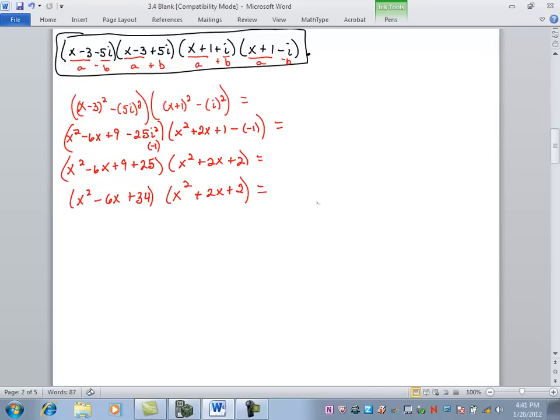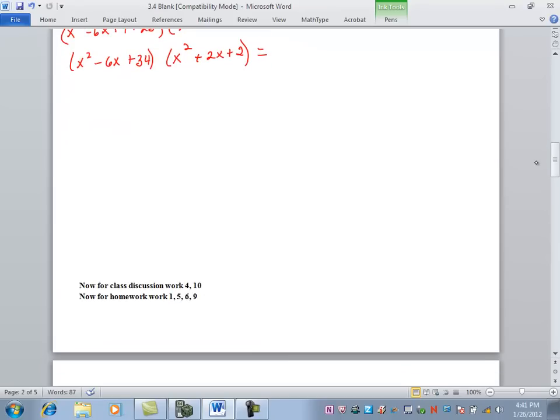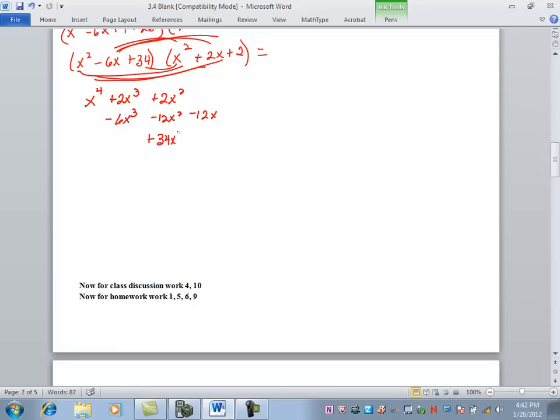And just to give you an idea here of what polynomial would have this as the roots, we can expand this on out. This is x to the fourth plus 2x cubed plus 2x squared minus 6x cubed minus 12x squared minus 12x plus 34x squared plus 68x plus 68.